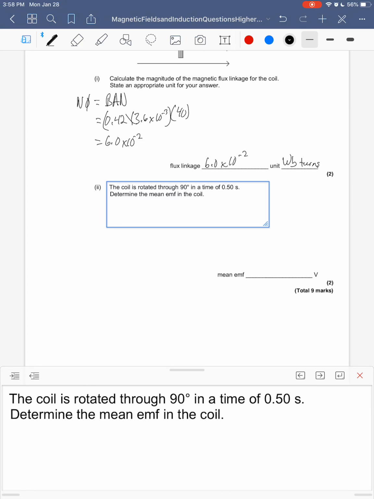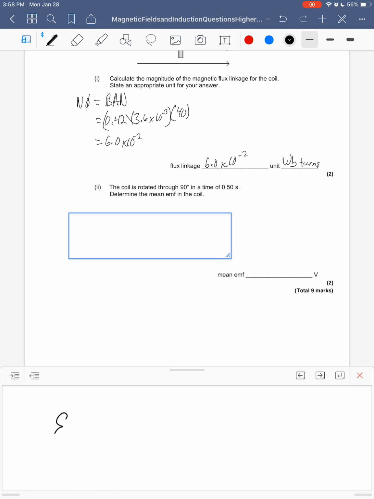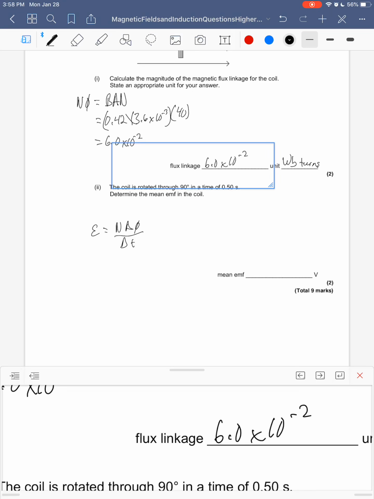Okay, so rotated through 90 degrees. So a 90 degree turn takes us from the min to a max. So it takes us from our maximum to our 0. So EMF is equal to N delta phi over delta T. N delta phi in this case is just going to be our flux linkage, okay?